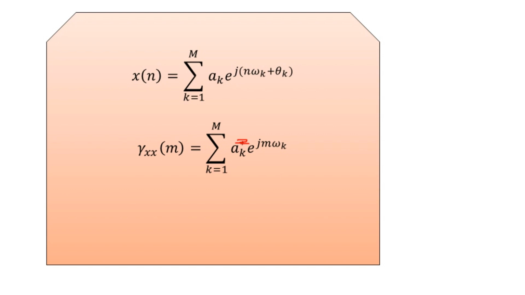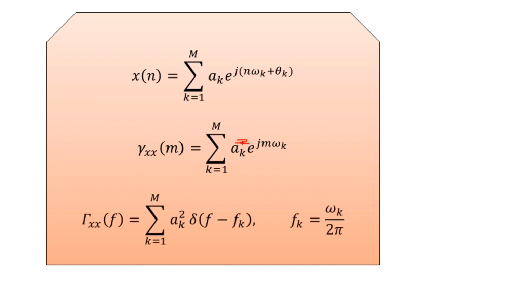The corresponding power density spectrum can be denoted by capital gamma_xx(f), which is equal to the summation k equal to 1 to M of alpha_k squared multiplied by delta(f minus f_k), where f_k is omega_k divided by 2 pi.